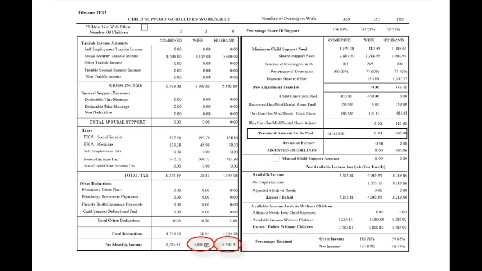Each parent's net income is calculated, and then it's added up to the $7,285 number, and that's the number that is reflected on the next screen with the minimum child support need of $1,921.